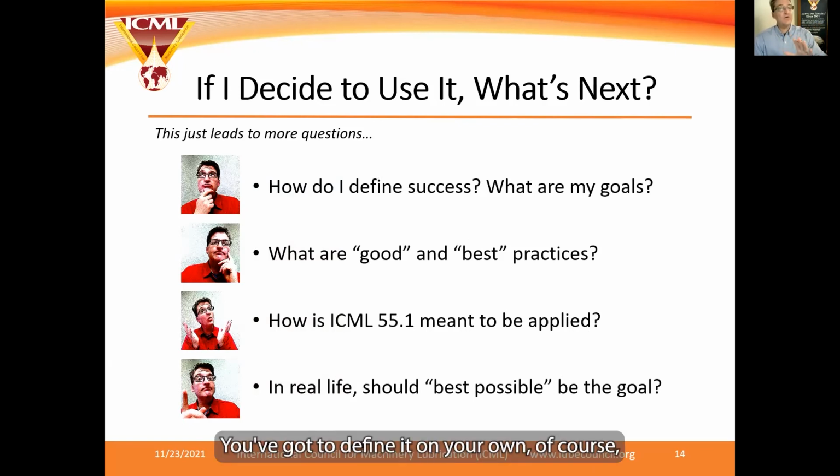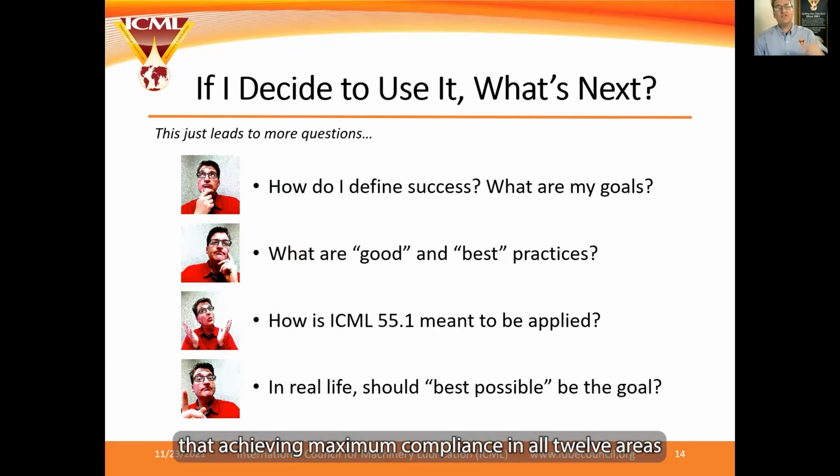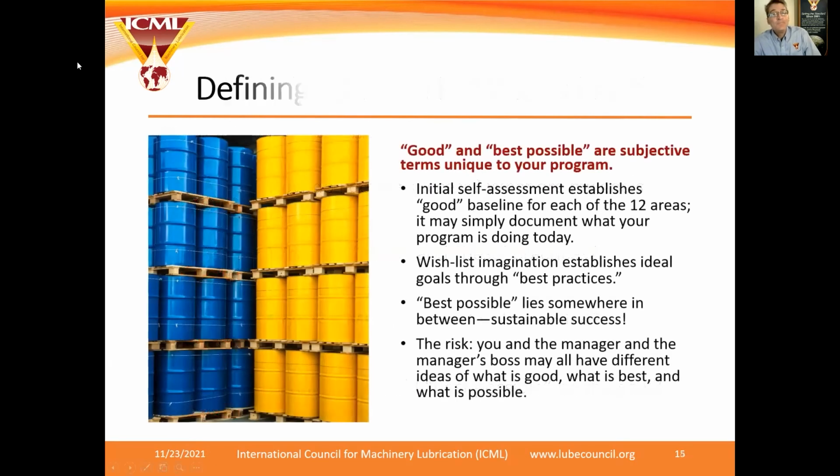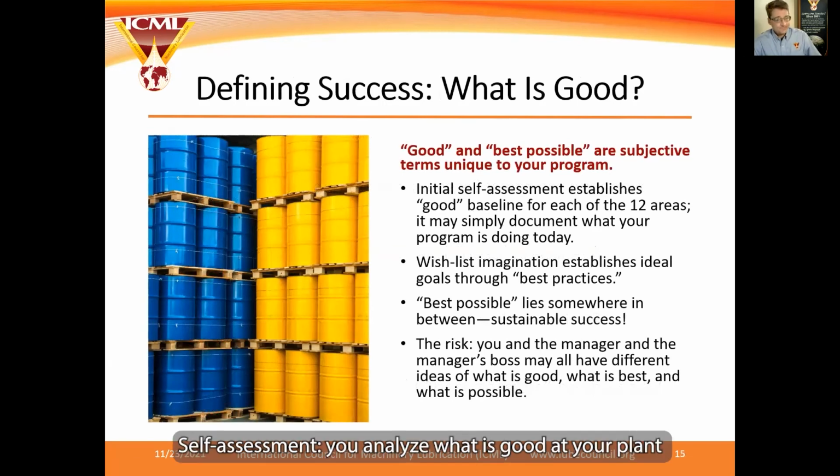You've got to define it on your own, of course, because you got to establish what are your goals, what are good practices at my plant, what are the best practices going to be, and then how is ICML 55.1 meant to be applied to help establish these success levels, and in real life should best possible be the goal. You may be surprised going through this process. You may be surprised to discover that achieving maximum compliance in all 12 areas may not actually be what's best for your facility. So let's take a quick look at the process.